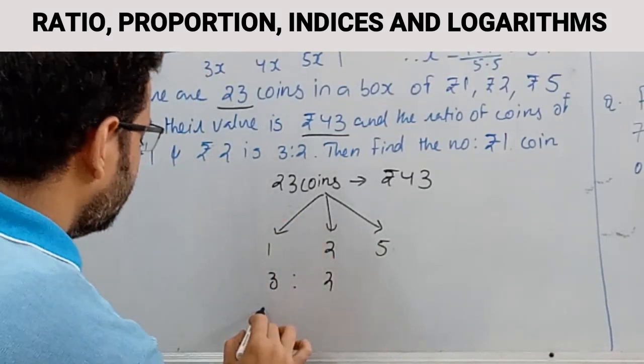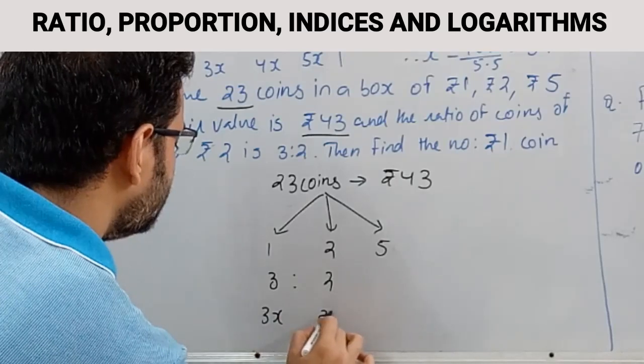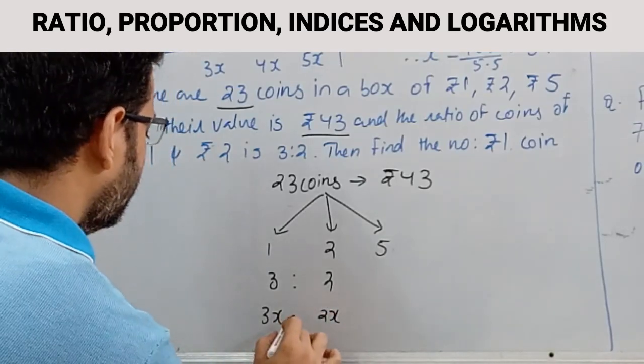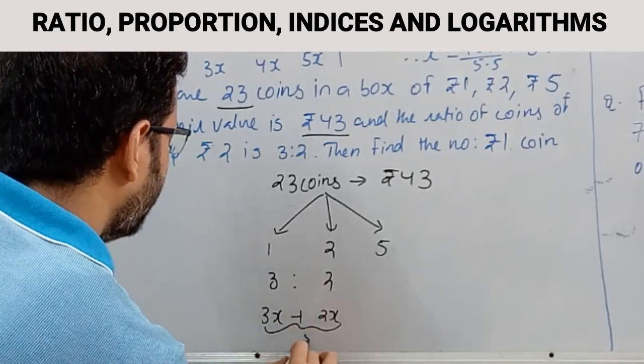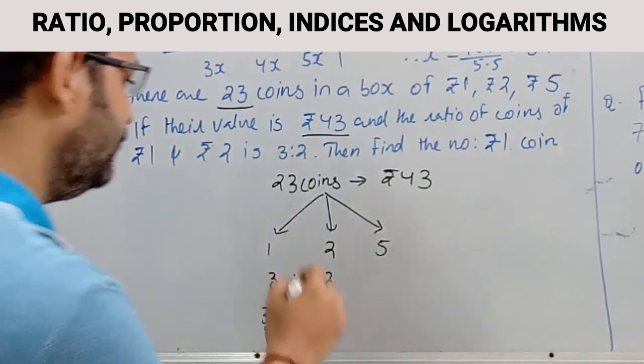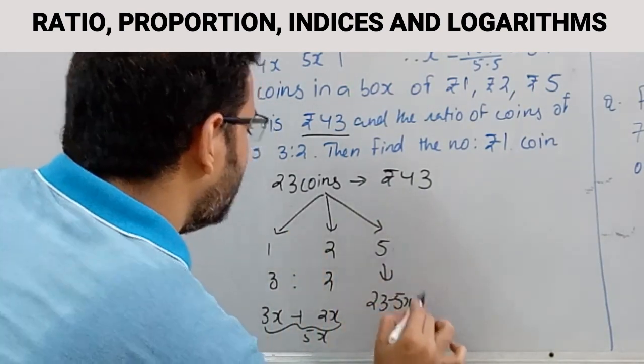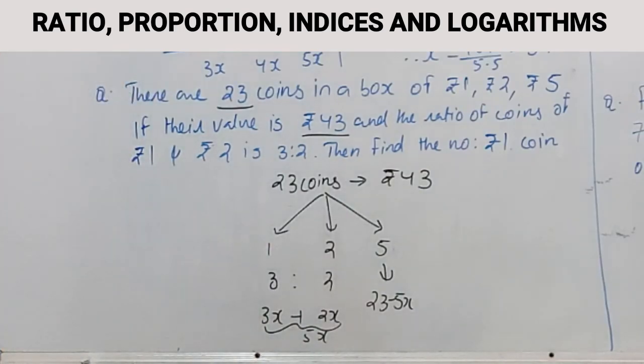We can take it as there are 3x 1 rupee coins and 2x 2 rupee coins. In total it is 5x. It is given in the question that the total number of coins is 23. Obviously, therefore, 5 rupee coins will be 23 minus 5x.